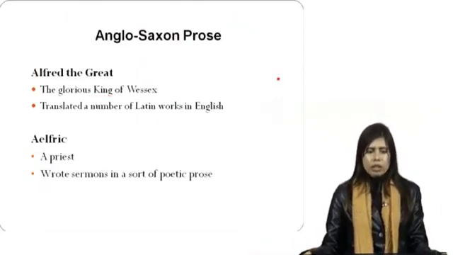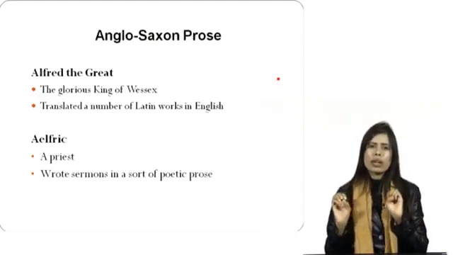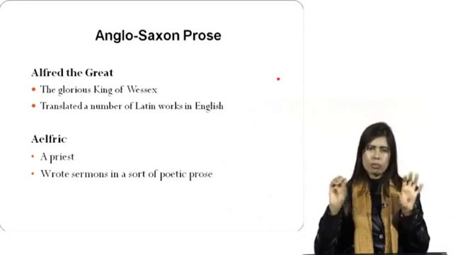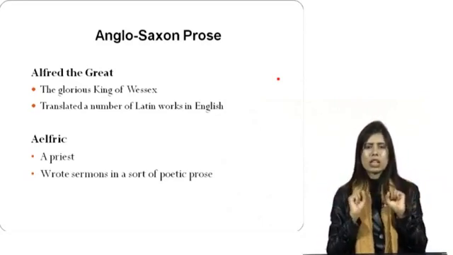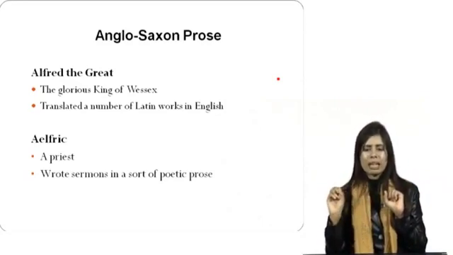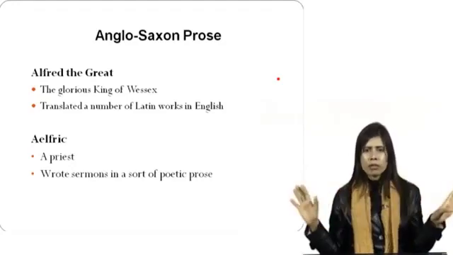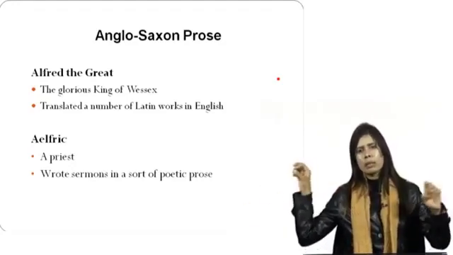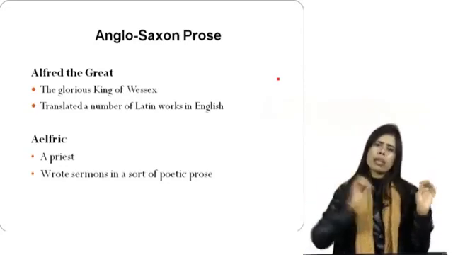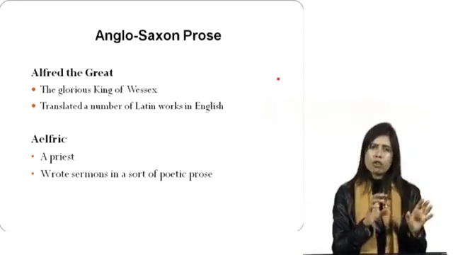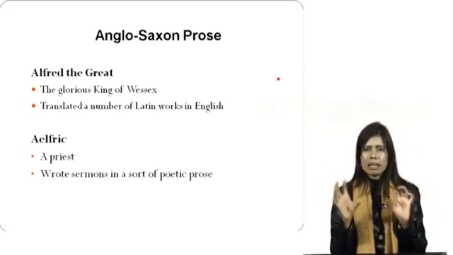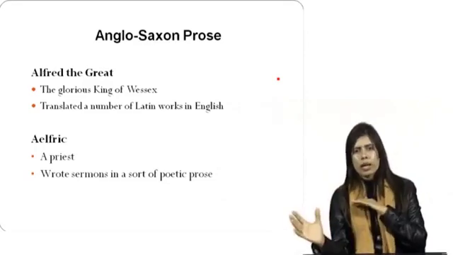Alfred the Great, the glorious king of Wessex. He was the king of the state of Wessex, and he translated a number of Latin works into English. He did a very marvelous job because all the literature was available in the Latin language, so it was very difficult for the English people to understand it.